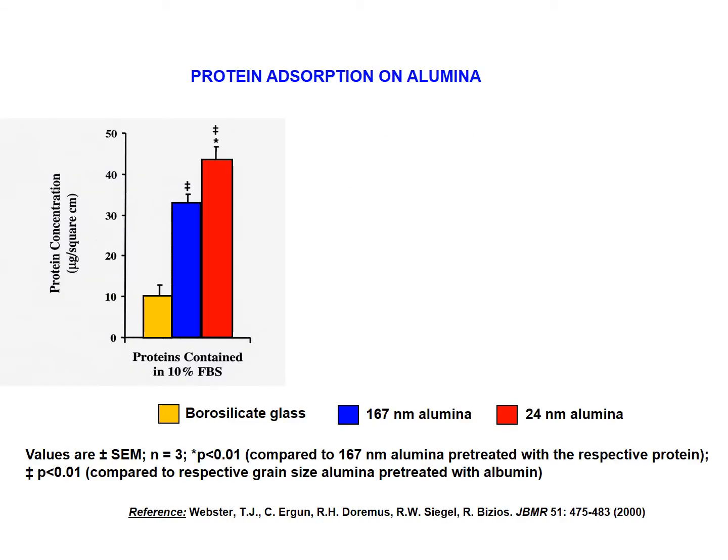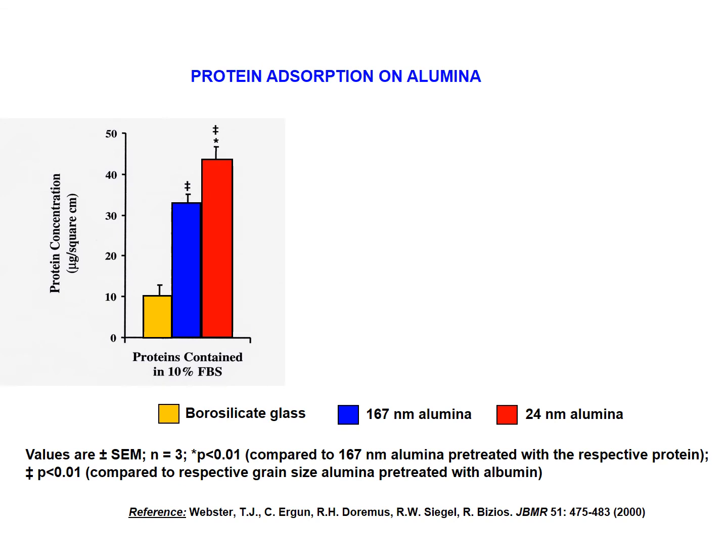The results of protein adsorption on conventional, shown by the blue bar, and on nanostructured alumina, shown by the red bar, is shown on this particular figure. The proteins contained in fetal bovine serum, as I mentioned, is a cocktail of all kinds of proteins which are found in the serum of mammals.